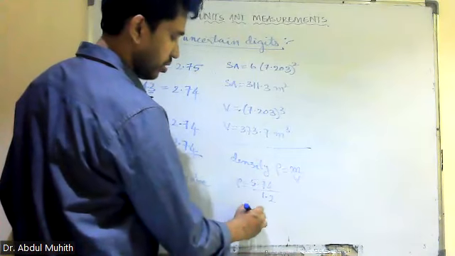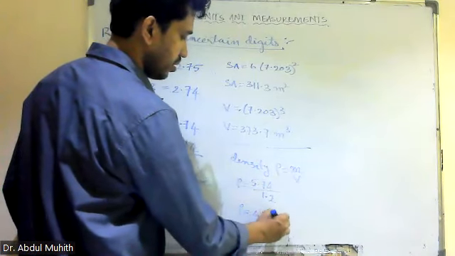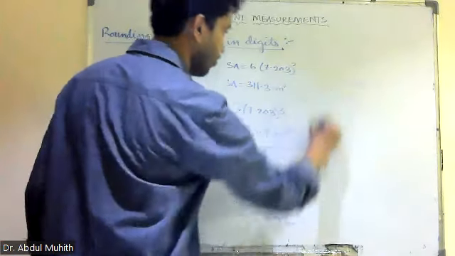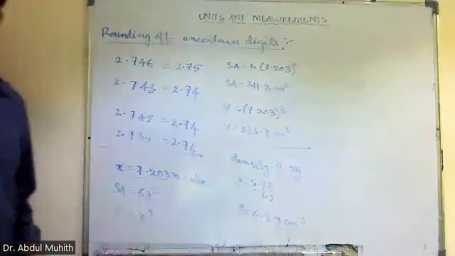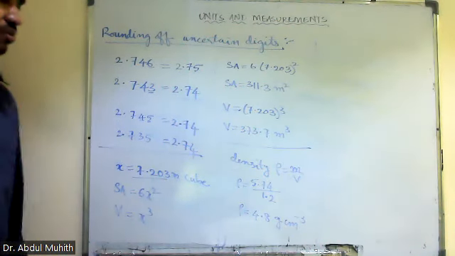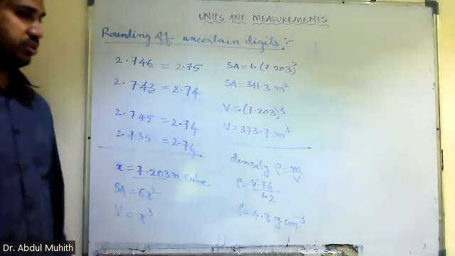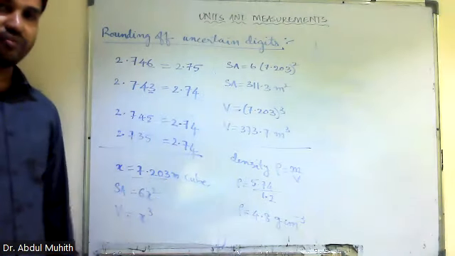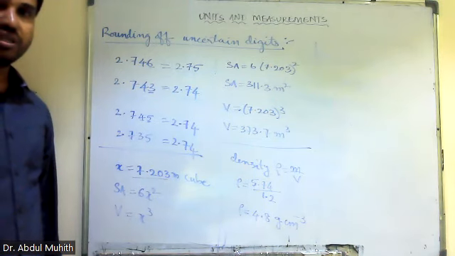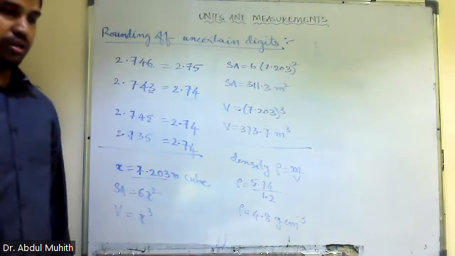So density is equal to 4.8 gram per centimeter. Okay, this is the value. Why? Because we are taking the least significant figures. Clear? Yes, sir.